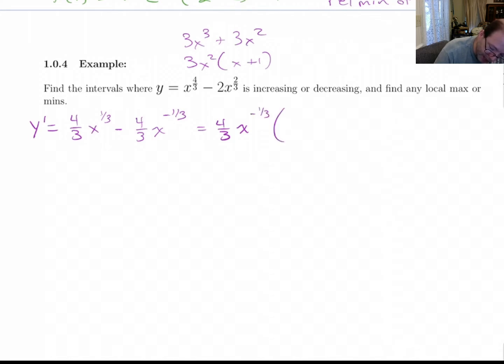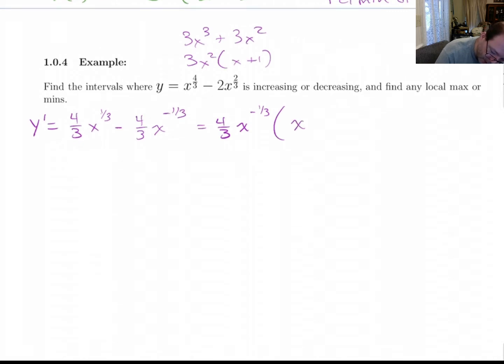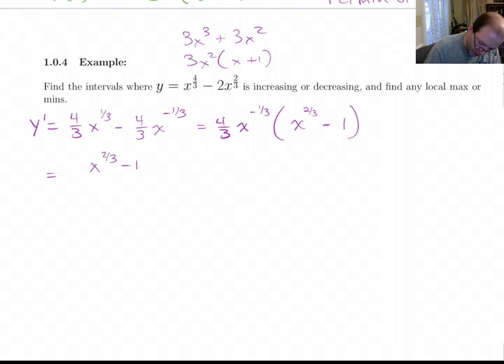And what's left inside, the 4 was factored out, is x to the 2/3 minus 1. I'm going to rewrite this again, making this x to the 2/3 minus 1 on top. Now the 4 can go on top, the 3 goes on bottom, and x to the 1/3 goes on the bottom as well.